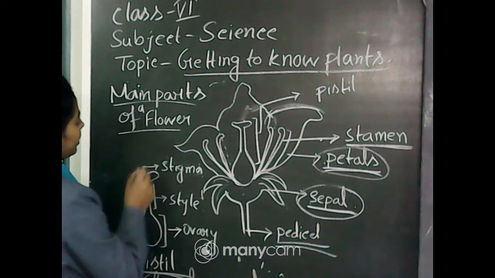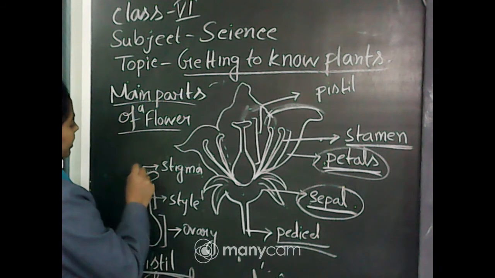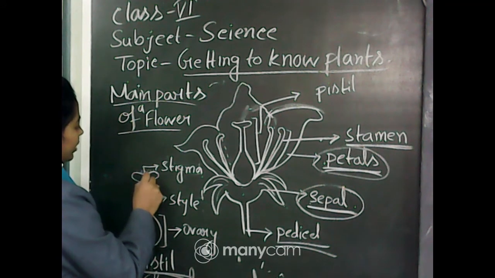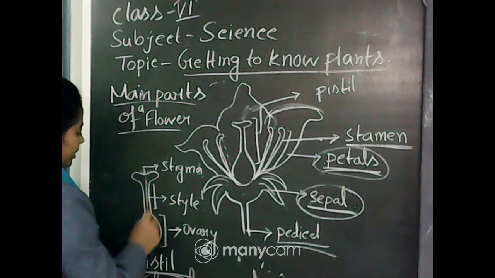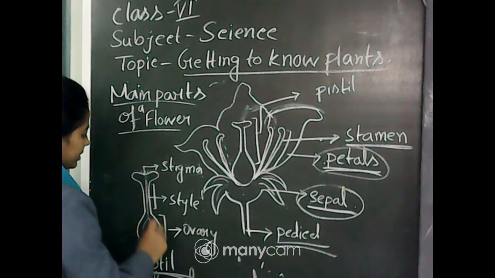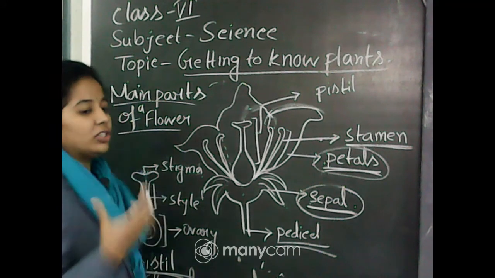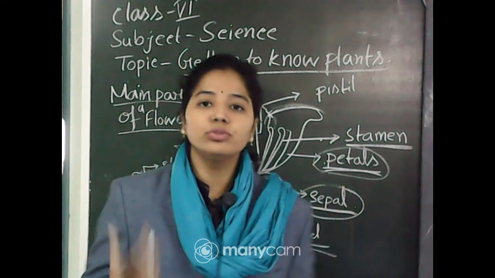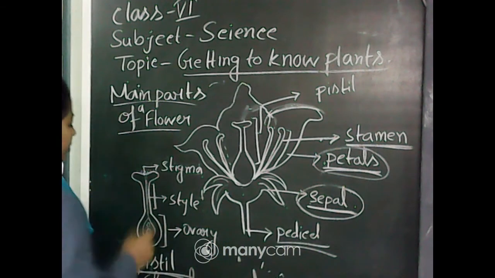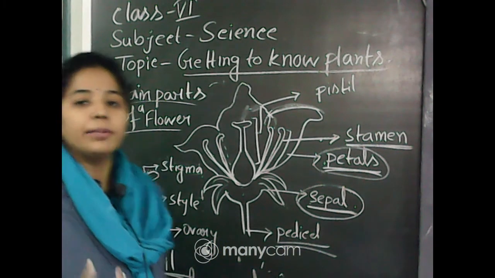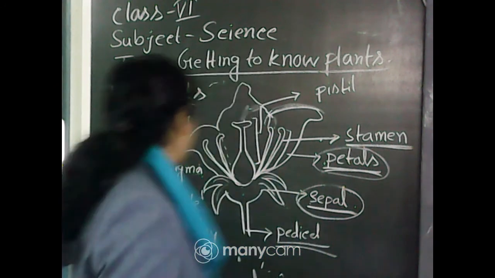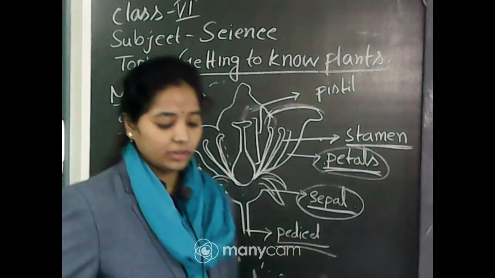So, in the process of pollination, they will settle here, and after settling here they will make a tube, then that tube will go along the inner portion of the style, then they will fuse with the ovary present here, and later this ovary, after maturity, will become fruit. Okay. So, here we have seen the female reproductive part of a flower.